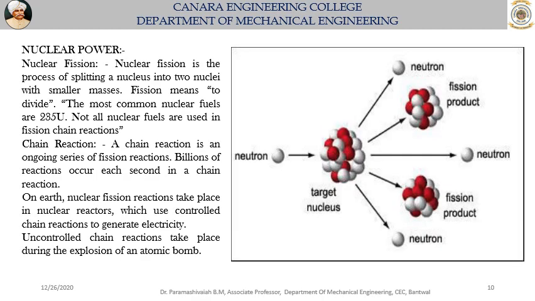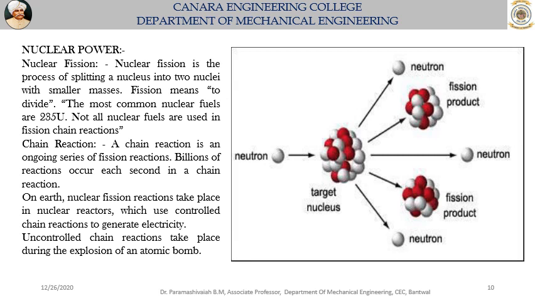Nuclear fission is the process of splitting a nucleus into two nuclei with smaller masses. Fission means to divide. The most common nuclear fuel is 235U, meaning uranium 235. Not all nuclear fuels are used in fission chain reactions.